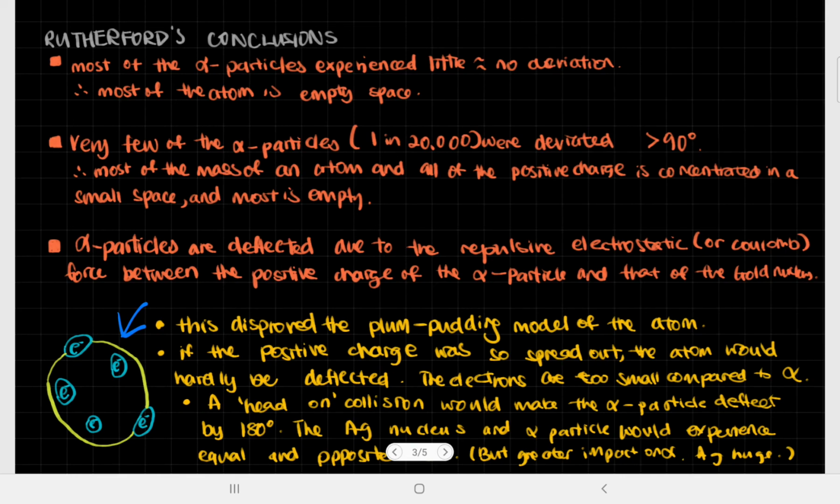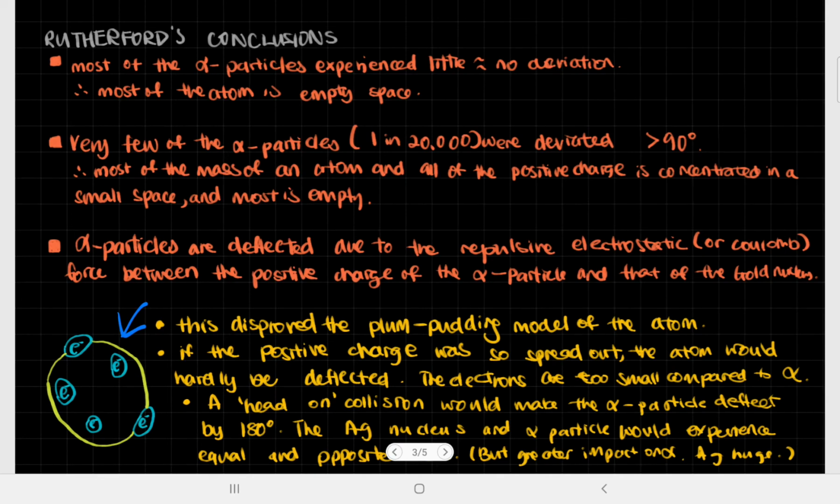It disproved it for 1 reason, which is that if the positive charge was so spread out in such a big volume, then the intensity of the electrostatic repulsive forces would be extremely small, and it would not nearly be enough to stop and change an alpha particle in its tracks.